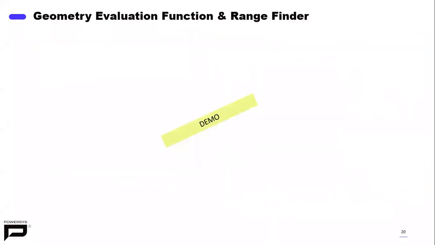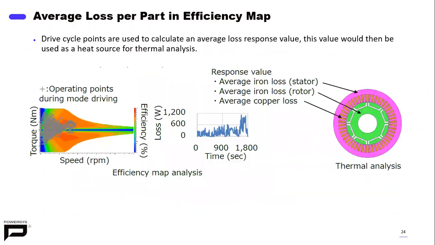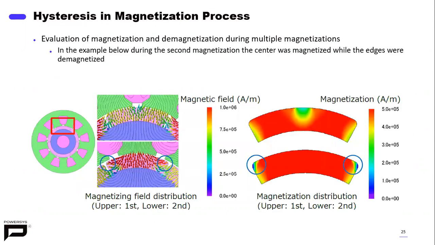Also we have seen how JMAG is directly controlled by several IDEs with the help of Python programming. We also saw that the average iron loss for each component can be known, by which we can properly couple our electromagnetic analysis with the thermal analysis. And for different levels of magnetization, the hysteresis in magnetization is also accounted for in the magnet properties.